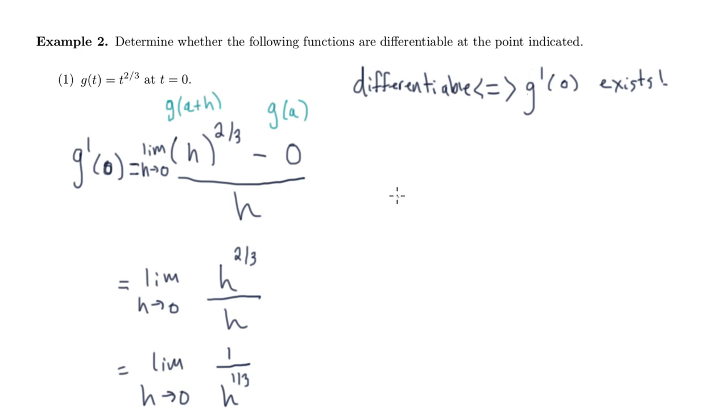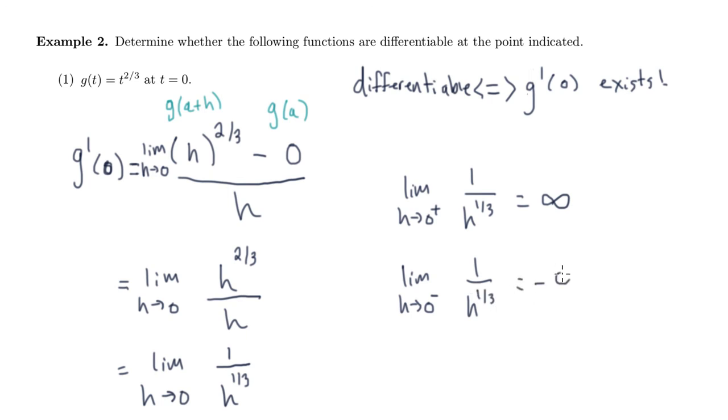So we know that the limit as h goes to 0 from the right of 1 over h to the 1/3 is going to be infinity, because we're dividing by a small positive number. But the limit as h approaches 0 from the left, now we're going to be dividing by a small negative number. So it's going to be approaching minus infinity.